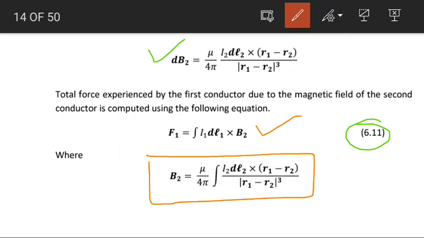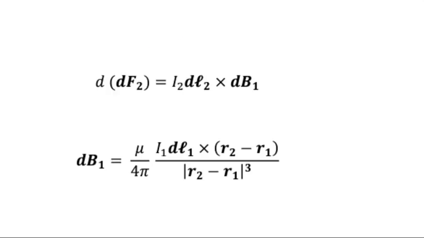B2 will be equal to mu by 4 pi, the integration of I2 dl2 cross (R1 minus R2) by |R1 minus R2| raised to power 3. So this is how we calculate the magnetic flux density which is generated by the current in the second conductor.